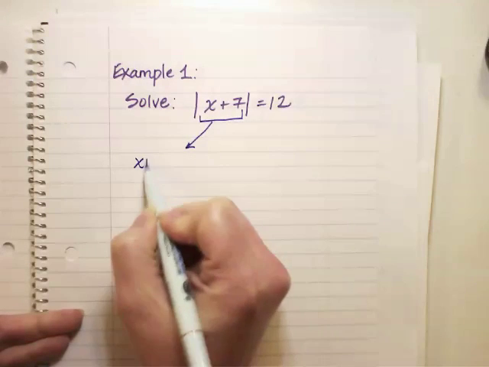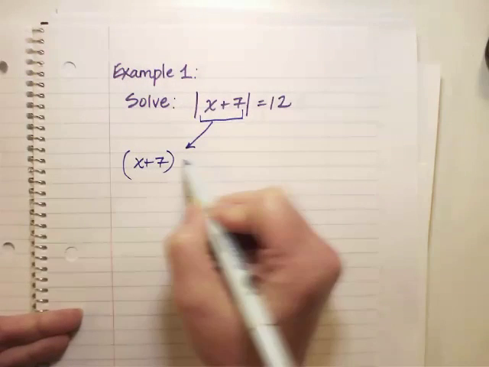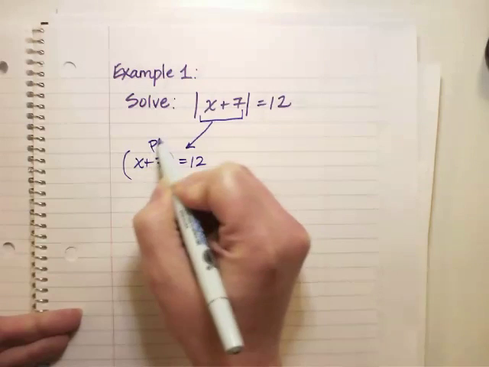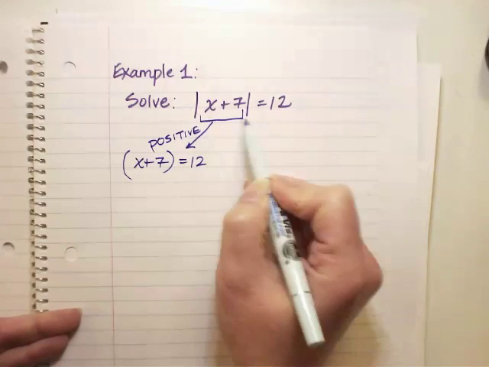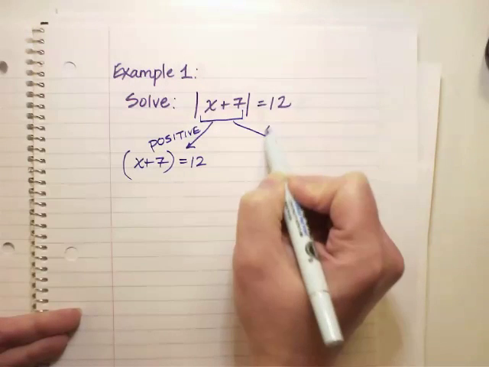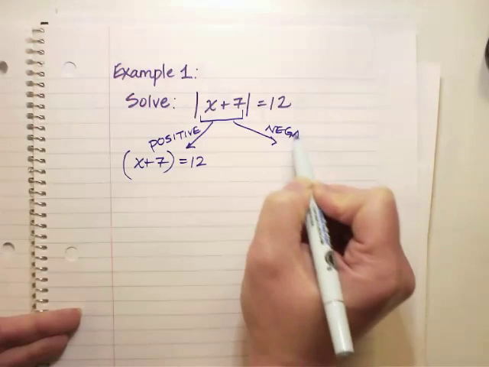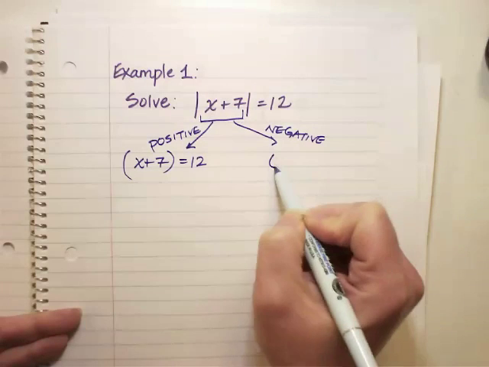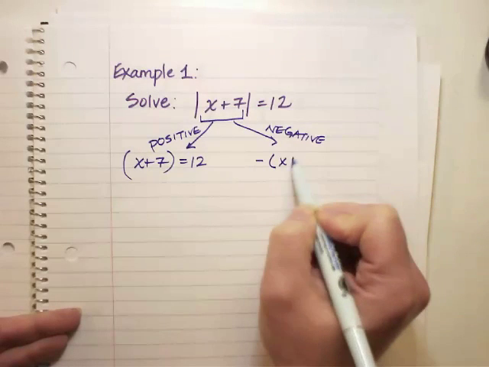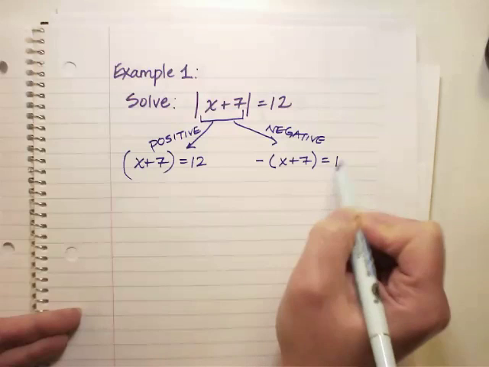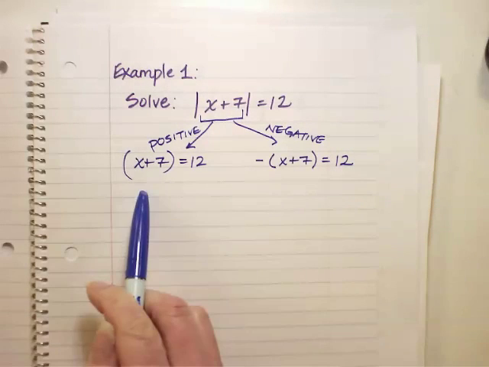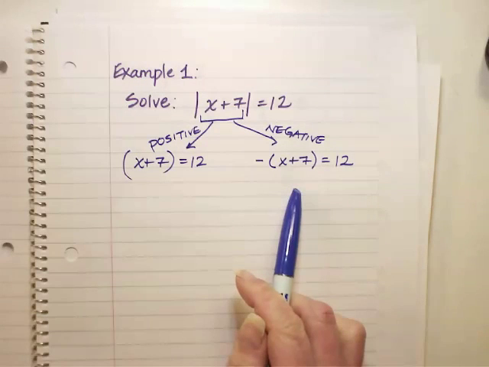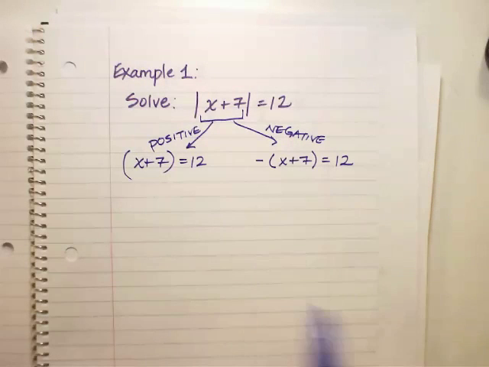So x plus 7 positive could equal 12. This is my positive case. I could also have x plus 7 be the other case, which would be negative. So it would look like this: the negative of x plus 7 is 12. Those are my 2 possible cases. It could be positive, it could be negative. Okay? So we're going to go ahead and solve both cases.